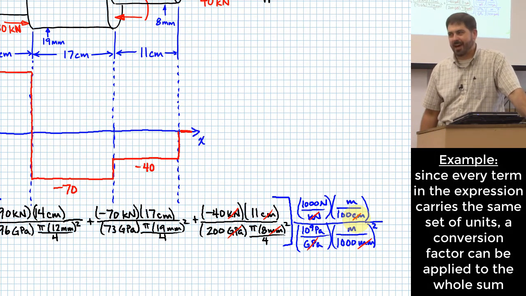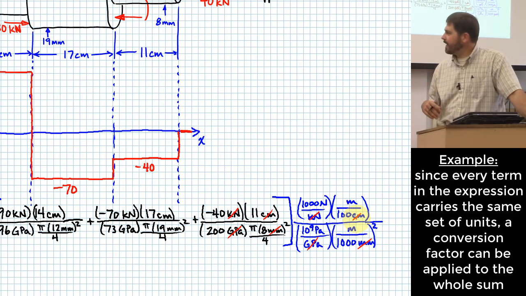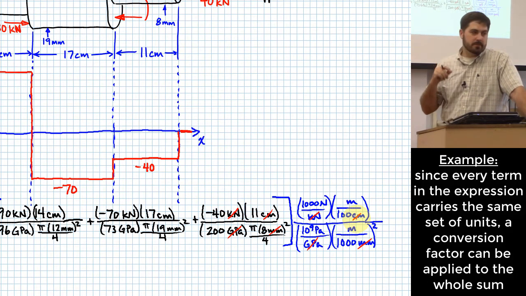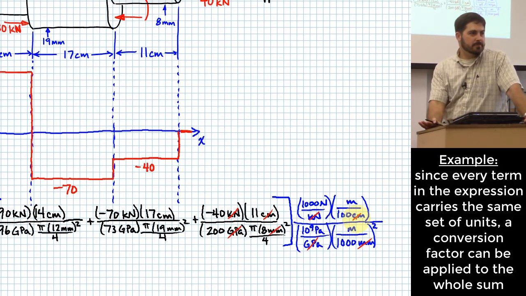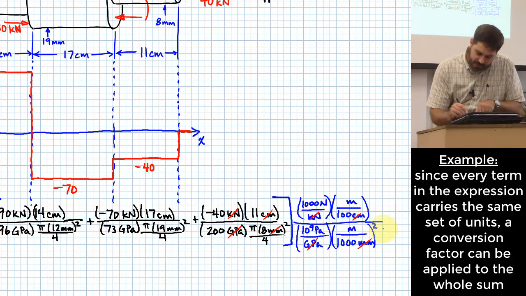But what's a Pascal? Okay, because some of you might be looking at that going, well, what I've got so far is newtons over Pascal meters. Okay? We'll notice here that a Pascal is actually a Newton per square meter.